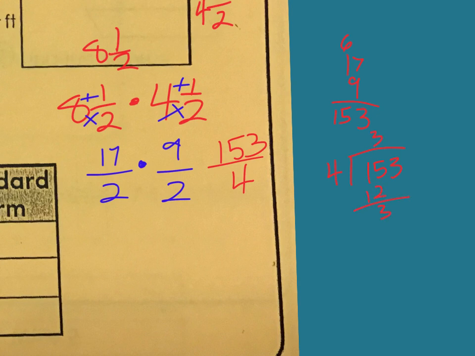We subtract, we get a 3. We bring down a 3. And 4 goes into 33 8 times. And that gives me 32. We're left with 1. So we bring it up, and we take that 4 from over here, and that's our new denominator. So we are left with 38 and 1/4 as our answer.